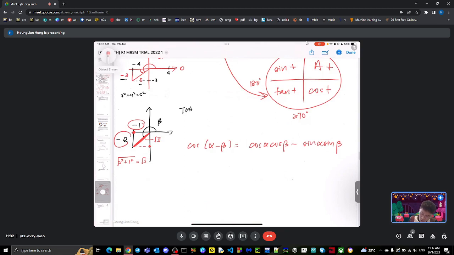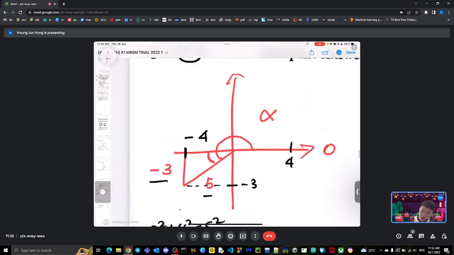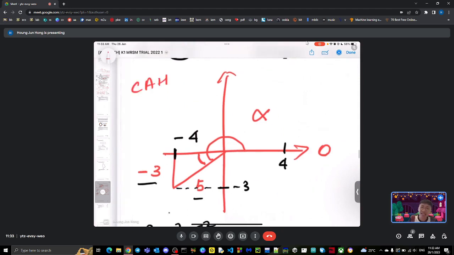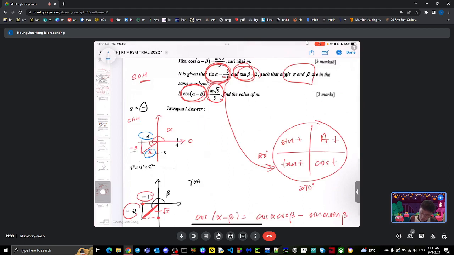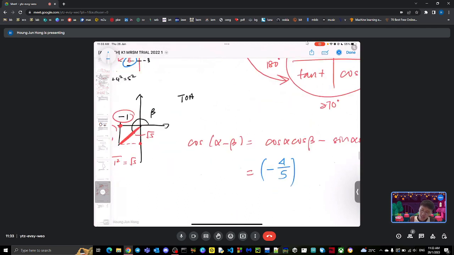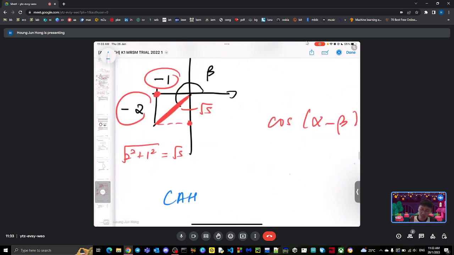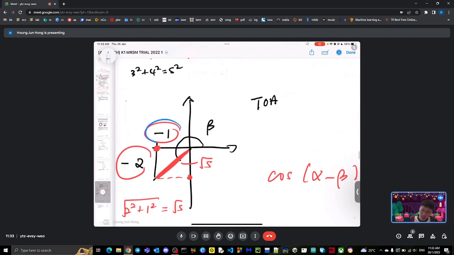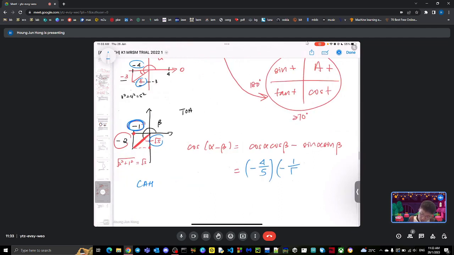Cos alpha: this is alpha, cos is CAH, so adjacent over hypotenuse, -4 over 5. Agree? Cool. Cos beta, again CAH, adjacent over hypotenuse, so -1 over root 5.